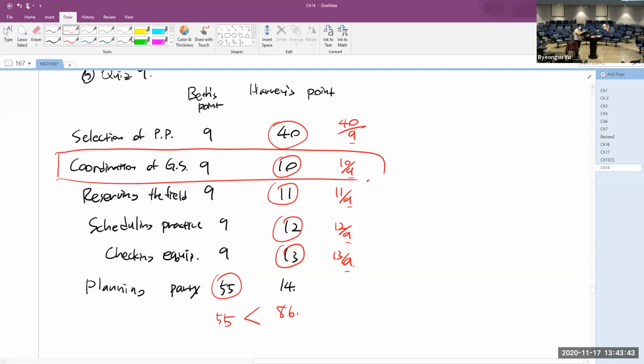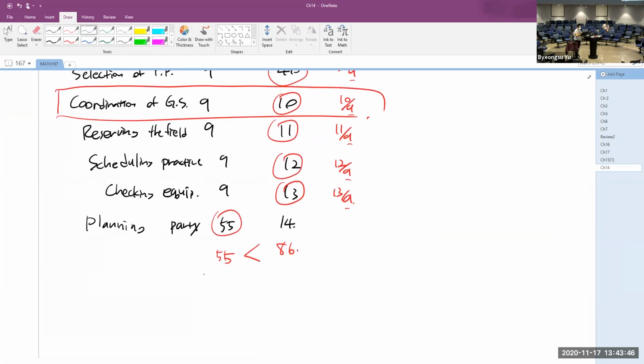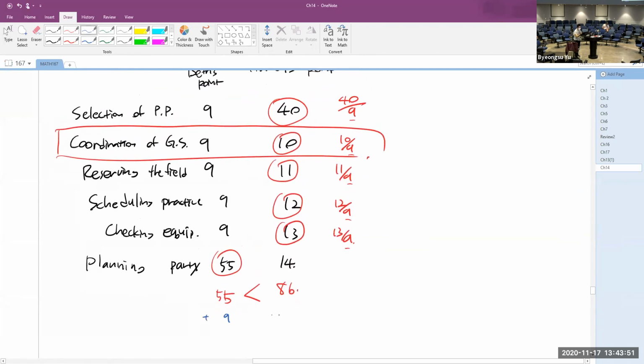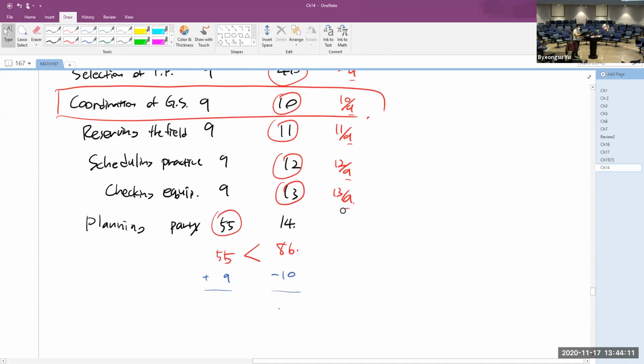So first, check if we add 9 points to Beth and take the 10 points from Harvey, because when we drop the item of coordination of game schedule from Harvey to Beth, then Beth will get 9 points again, but Harvey's points drop to 76, right? So then their points should be 76 and 64, but still in this case Harvey wins, right?